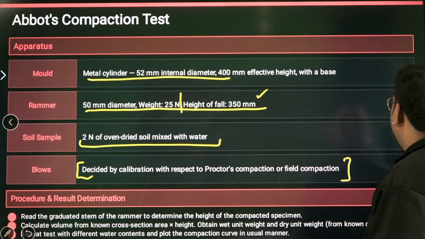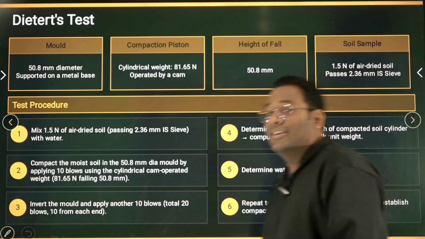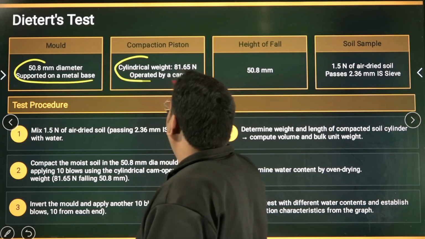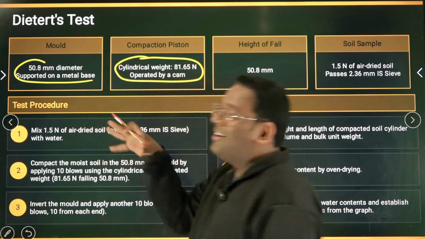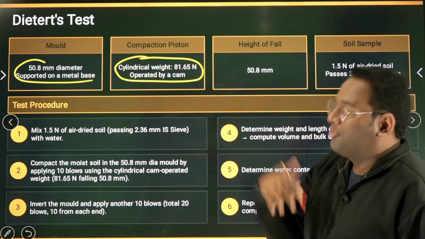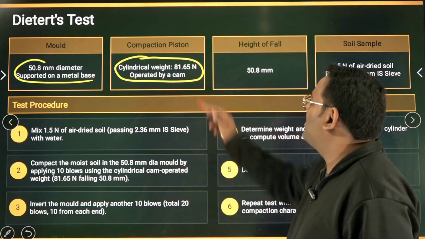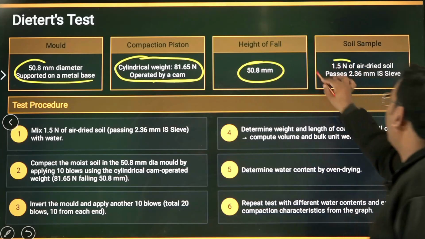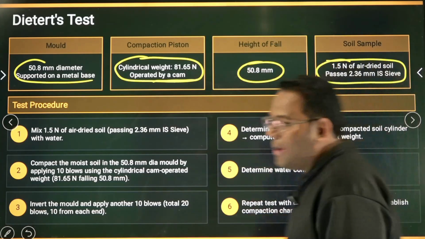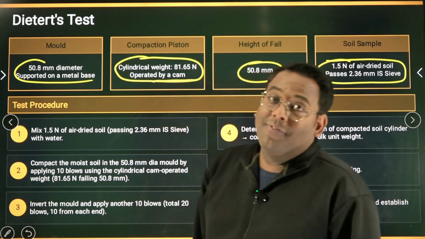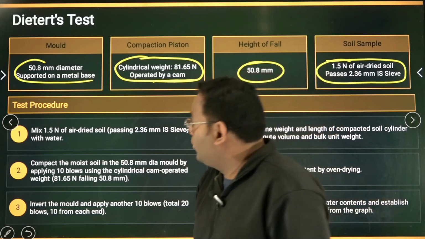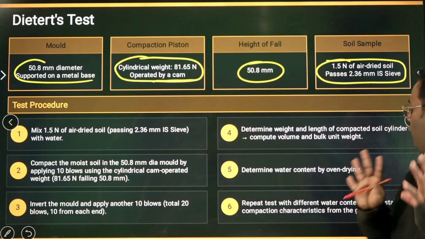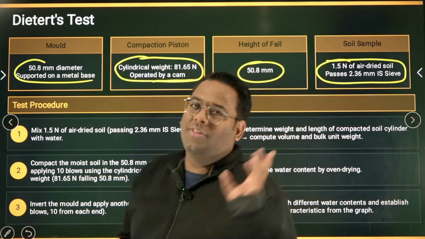Now let us move ahead to the next test, Dietert's test, in which again there is a mold and a cylindrical piston operated by a cam. Here the rammer is replaced by a cam, the height of fall is changed, and you can see that the soil sample size is again very small, only 1.5 N. The test procedure is similar here, but you can read up if you want to go into depth on this test.